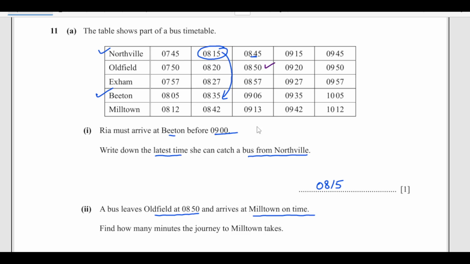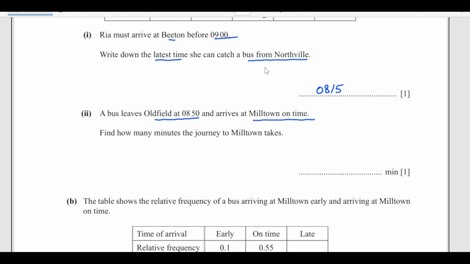And then Miletown is here, so we are looking for this time, 8:50 to 9:13, right? So 8:50 to 9 is 10 minutes, then 13 minutes here, so 10 plus 13, it is 23 minutes, right?